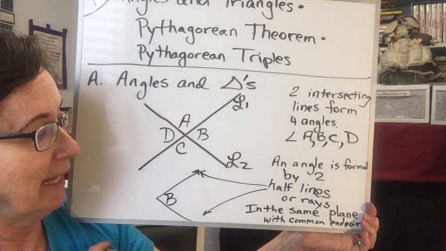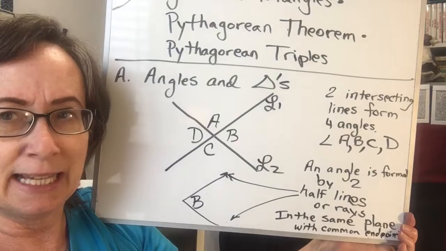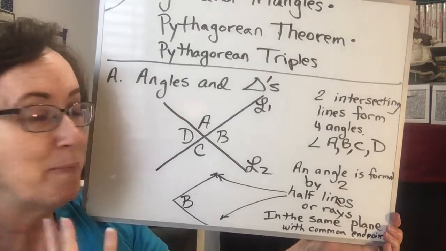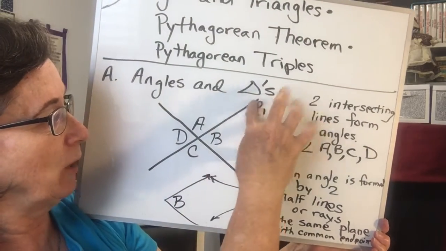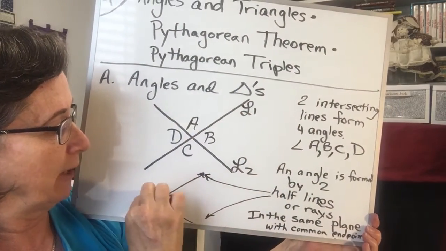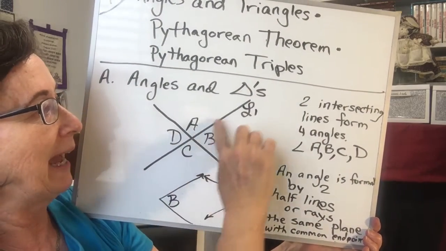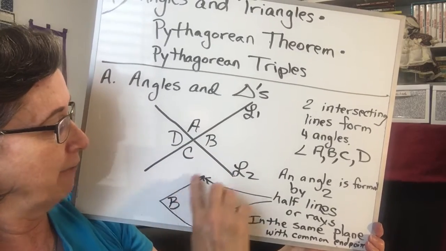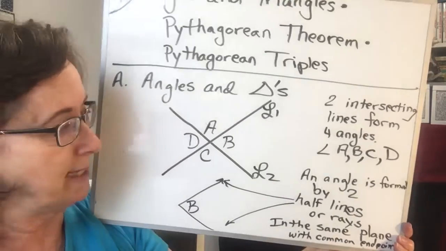And then the definition of an angle sometimes gets changed up depending on where you are, but we're going to agree on this definition. So here was angle B, and we broke out angle B, and you can see that angle B is bounded by a half line and a half line. So the half line L1 and the half line L2 are also called rays.